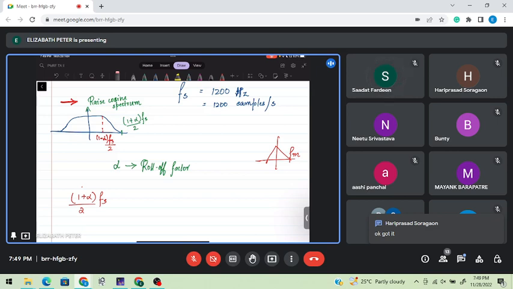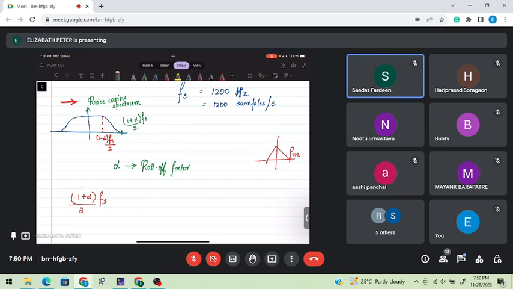Yes. Okay. So if you want to sample a signal of this bandwidth, at how much sampling frequency will you sample? (1 plus alpha) fs. Correct.